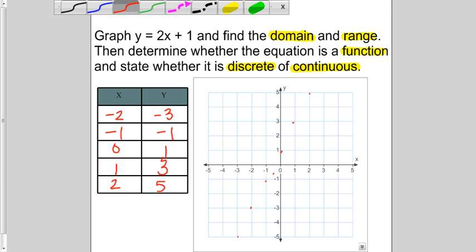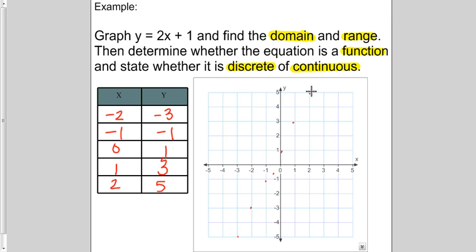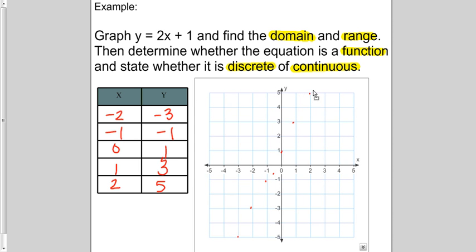Actually, probably easier if I just draw a line. Oh my goodness. Let's try this again. There we go. Okay, so we do want to connect these with a line because I'm graphing an equation and we can plug in anything we want for x. So that line will continue on forever.